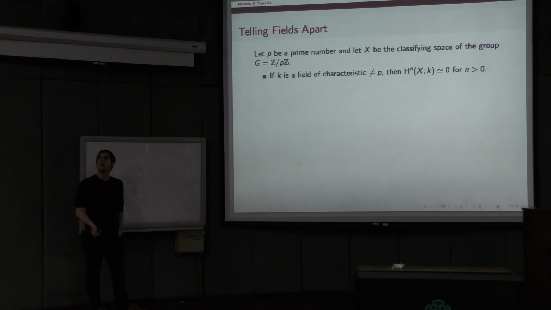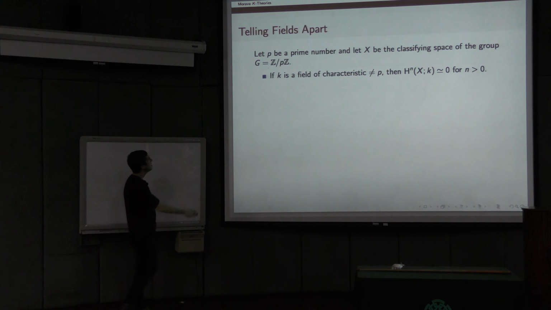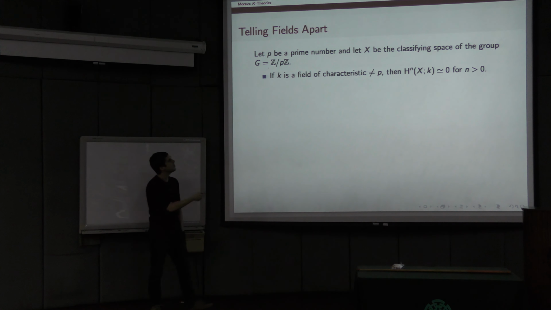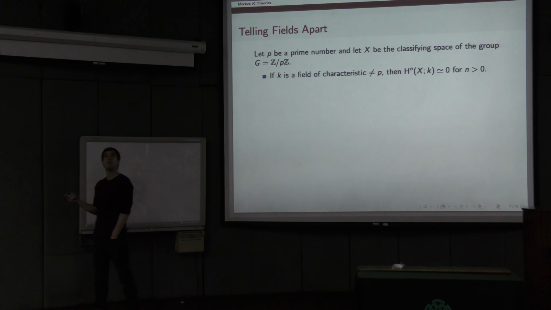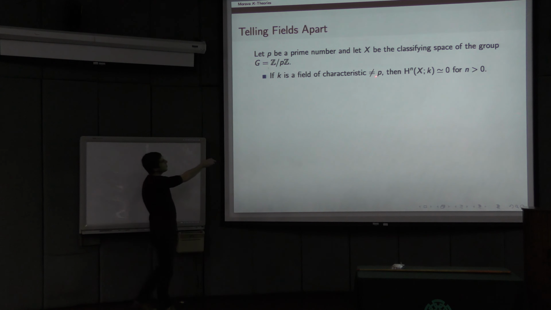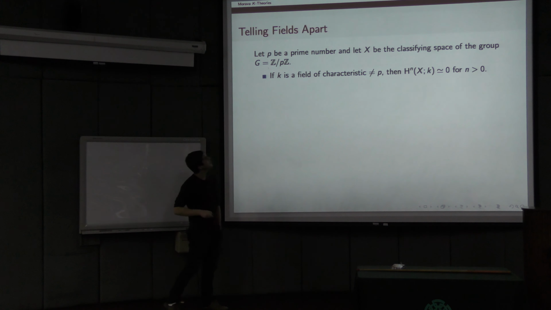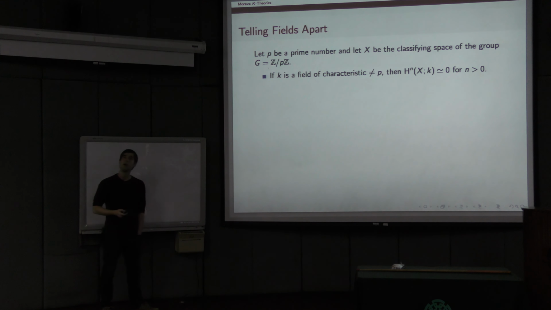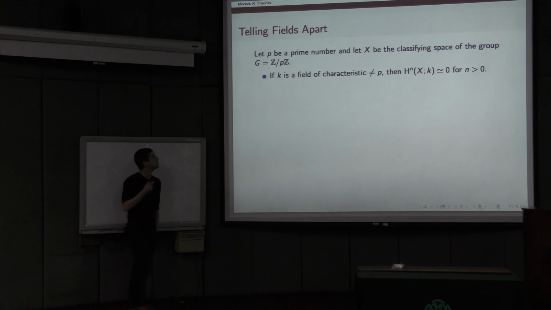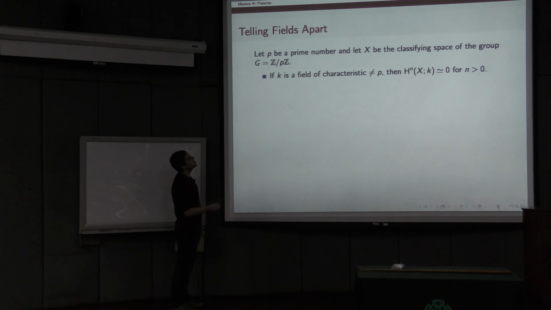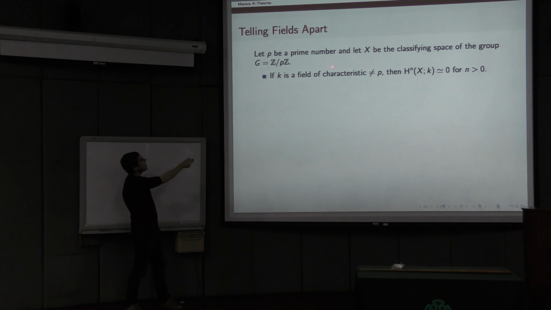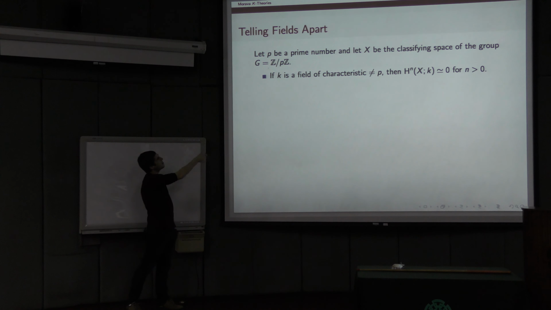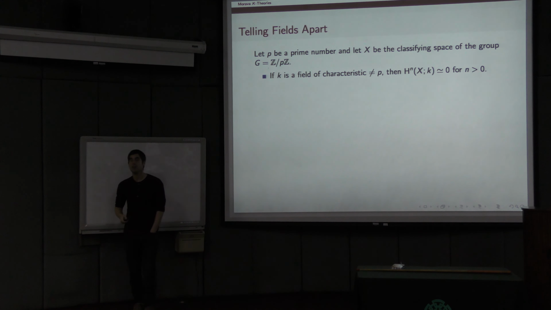So I want to tell you about the cohomology of this space X. First, let's consider the cohomology of X with coefficients in a field whose characteristic is different from P. If K is a field of characteristic different from P, it turns out the cohomology of X looks just like the cohomology of a point. In other words, the invariant of cohomology with coefficients in K can't see the fact that X has this copy of Z mod P inside its fundamental group.